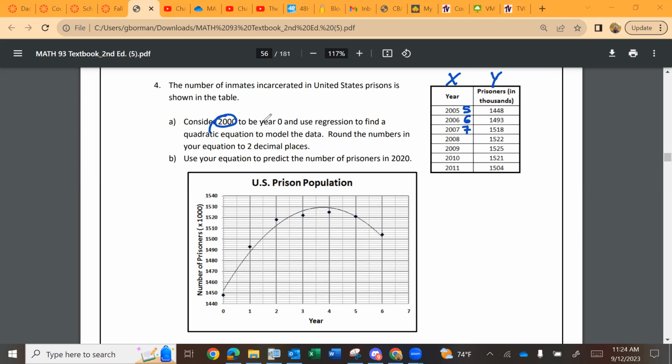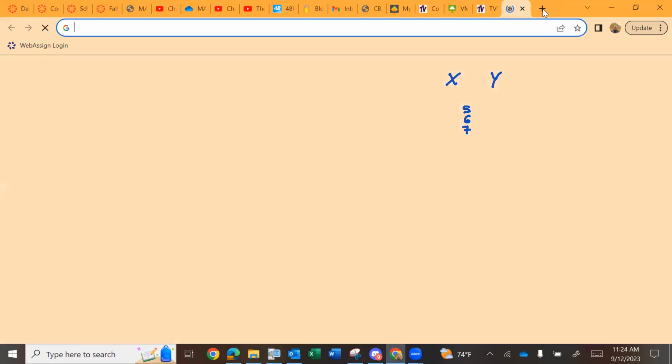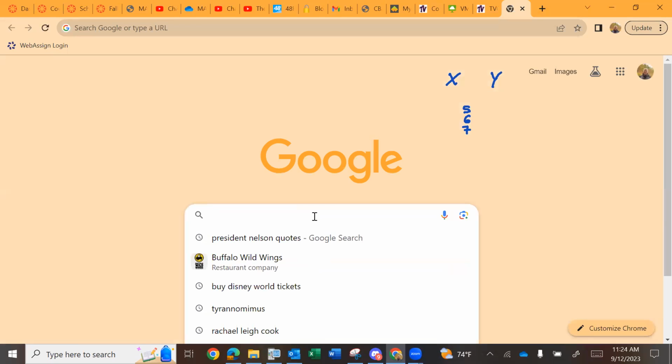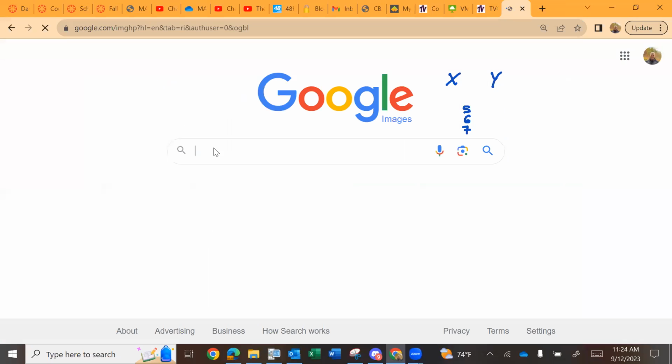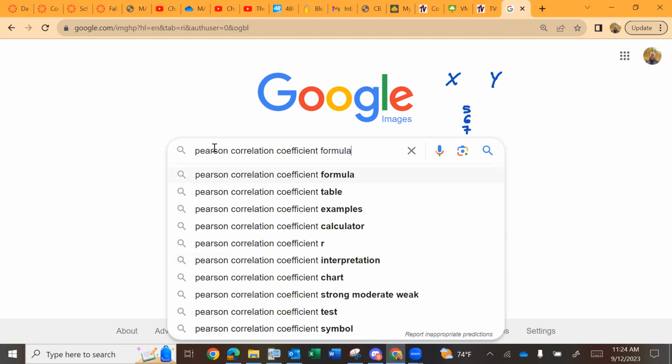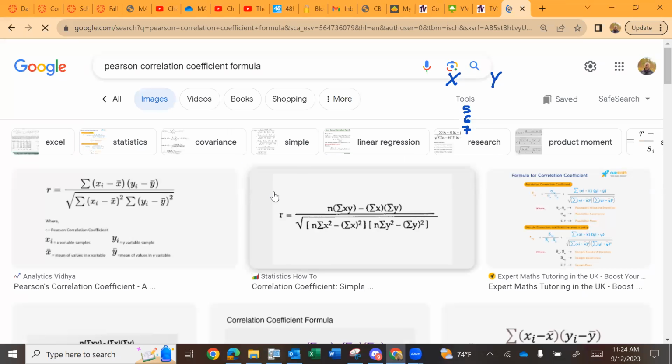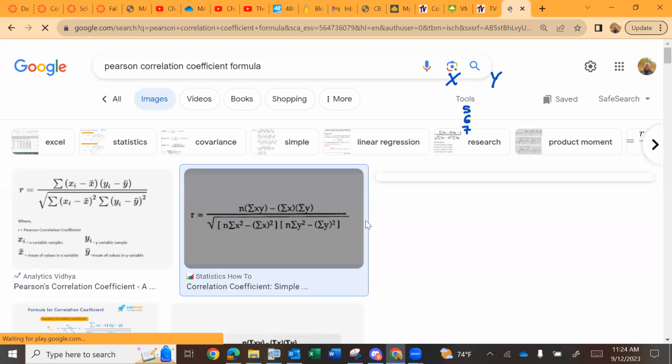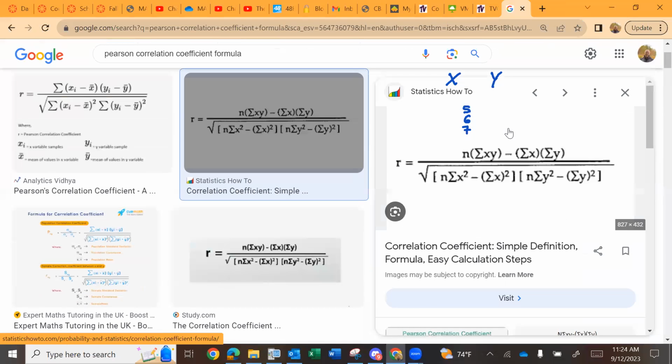That reminds me, I was going to show you something super cool. I'll just do it now. This is the Pearson correlation coefficient formula. It's one of the formulas that your calculator is doing for you when you do the regression on the calculator.